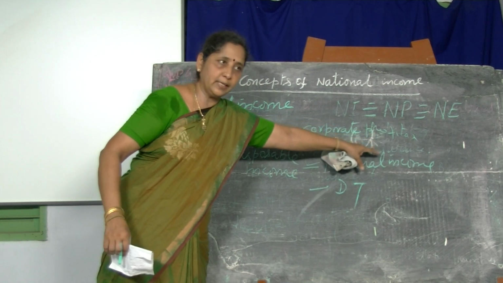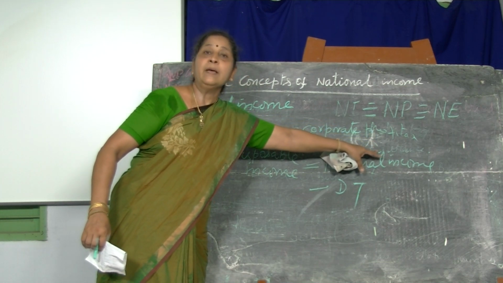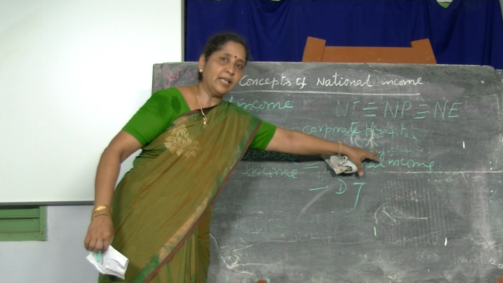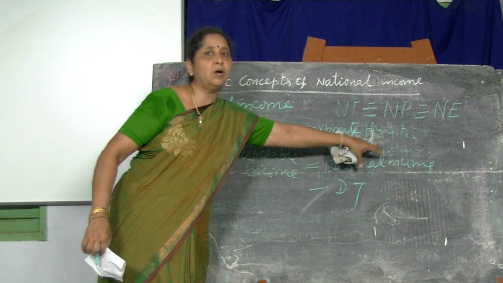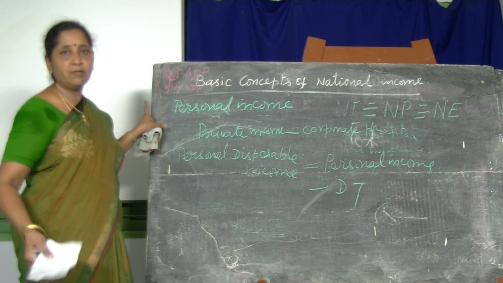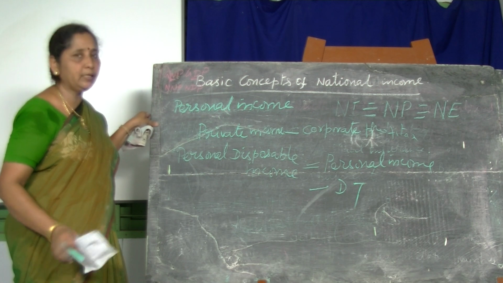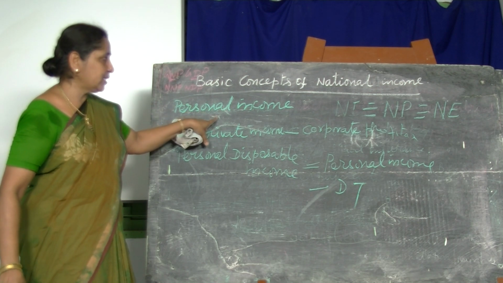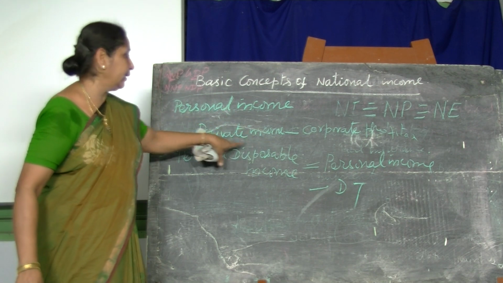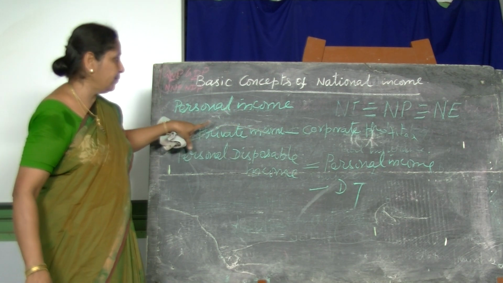Usually we don't call it income, it is called profit, because profit is different, income is different. If they are doing business with a profit motive, it is called profit. Our earning is income, not profit. So profit and income are different. To calculate personal income, we subtract corporate profit tax from private income.